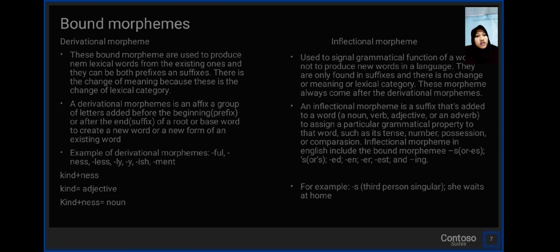To identify a derivational morpheme, ask yourself this question: if this morpheme was added, would it change the part of speech of this word? If the answer is yes, then you have a derivational morpheme. Examples of derivational morphemes are full, ment, less, ly, ness, and man.